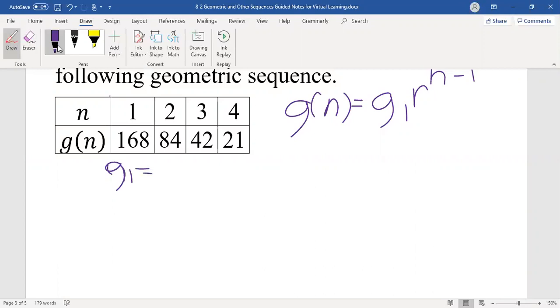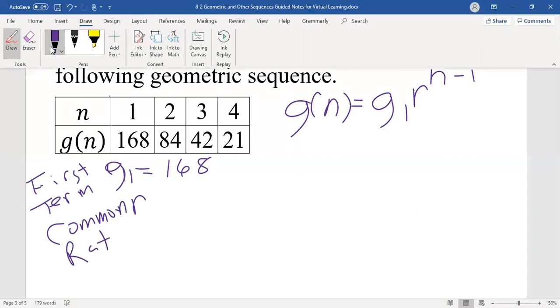So in this situation, G1 equals 168, which is my first term. And R, or my common ratio, to figure that out, we do 84 divided by 168, and that should be 1/2.